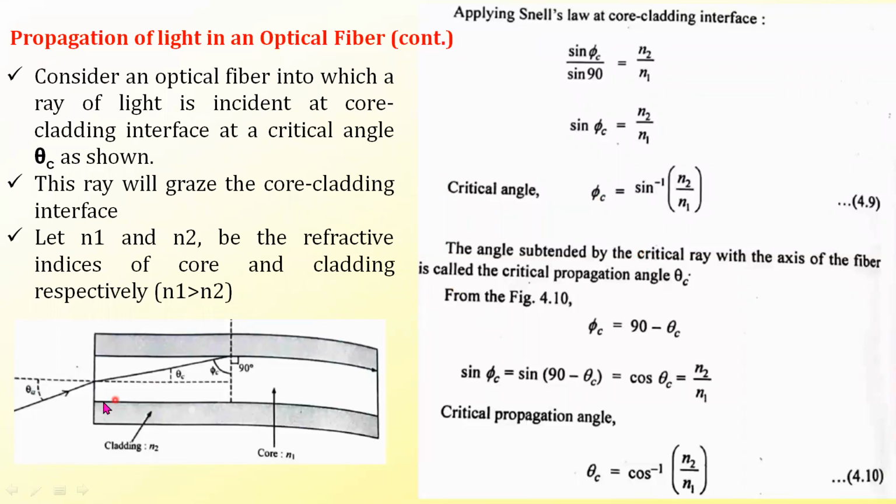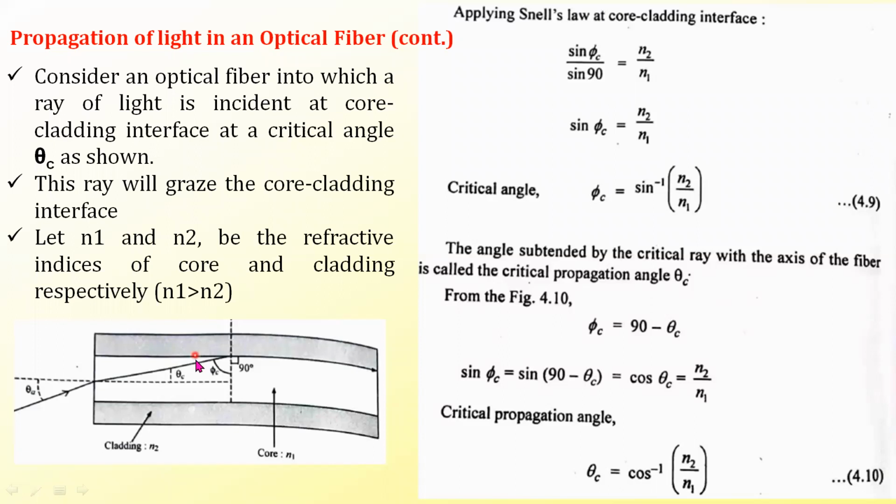Let us consider light which enters this optical fiber and is incident on the core-cladding surface. This is the core with refractive index N1, and this is the cladding with N2. The core has the higher refractive index, which is the denser medium, so then only total internal reflection happens. This is the axis of the optical fiber. Let light be incident on the fiber at an angle theta A, and theta C is the critical angle at which total internal reflection occurs.